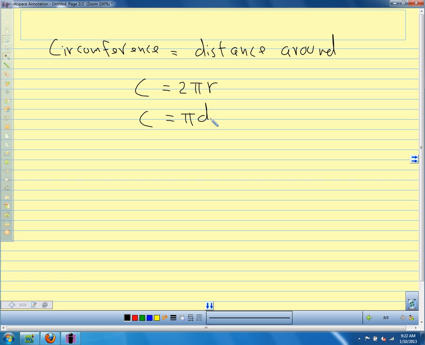These two mean the exact same thing. And our units for circumference is a length, so it'd be inches, meters, miles, millimeters. Some kind of unit of length is going to be our unit for the circumference.